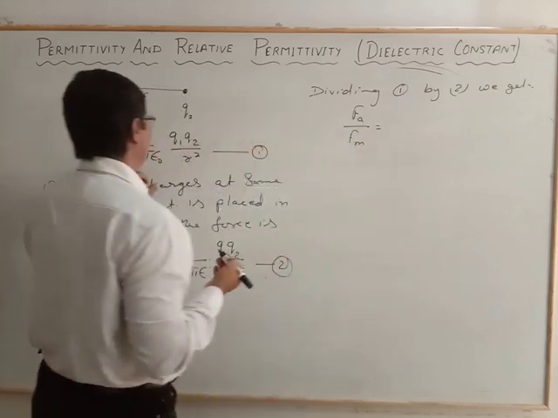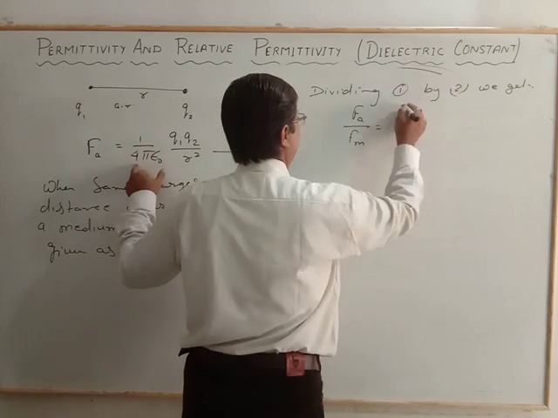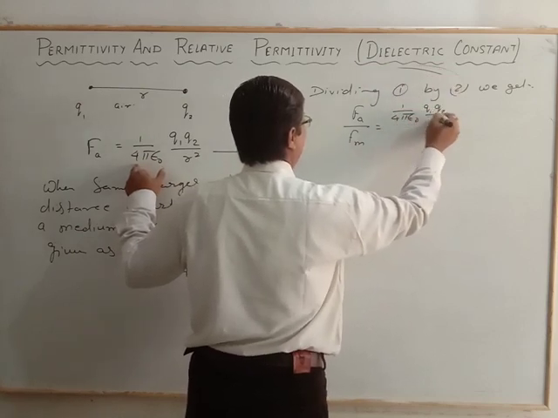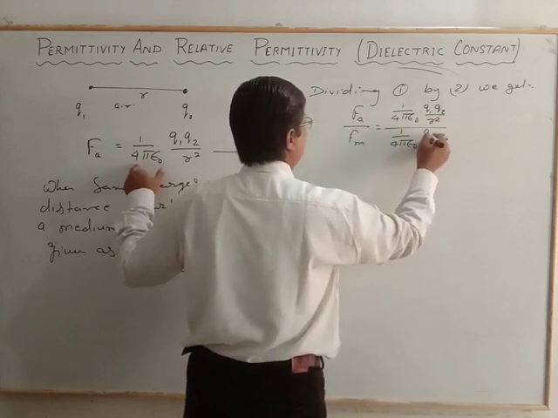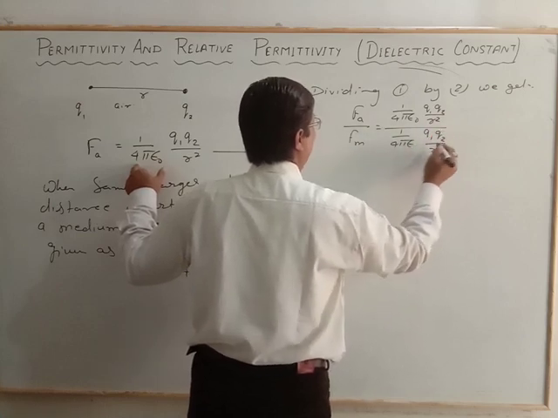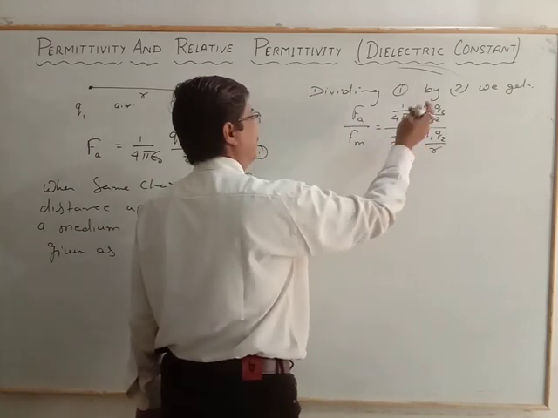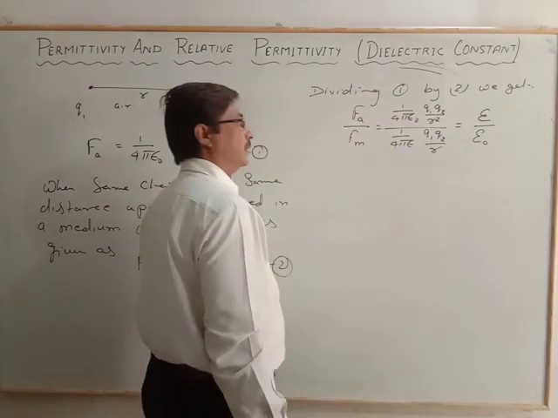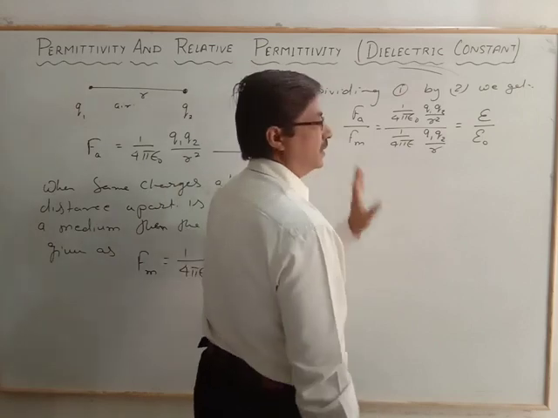If you write this, that is 1 by 4 pi epsilon naught Q1 Q2 by r square, divided by 1 by 4 pi epsilon Q1 Q2 by r square for the medium, then epsilon will move upward, epsilon by epsilon naught, and this relation gives the relative permittivity, epsilon r.